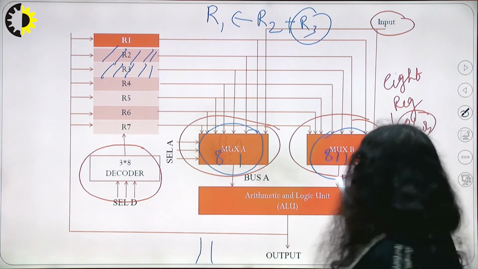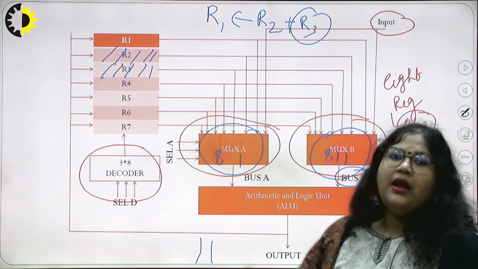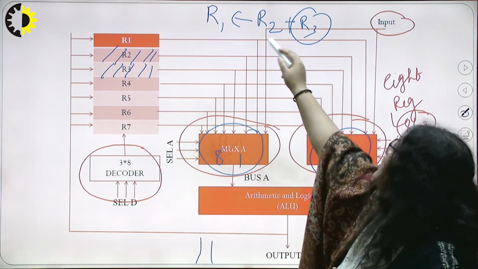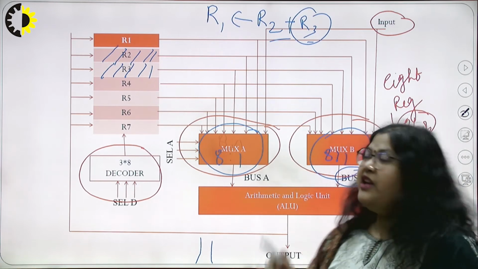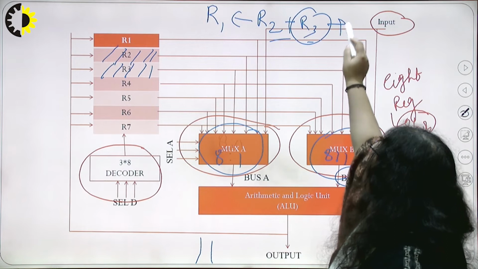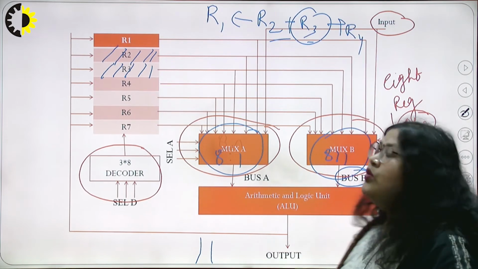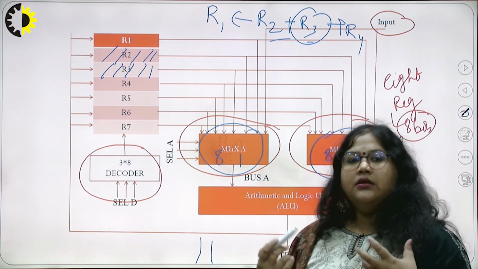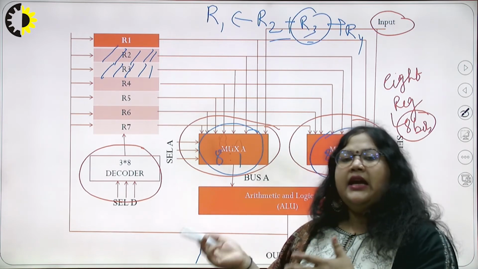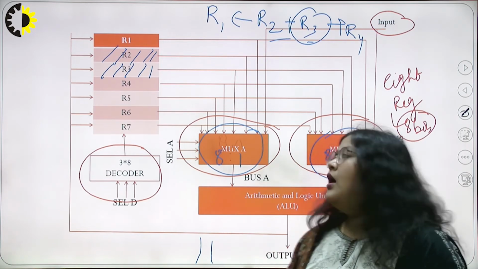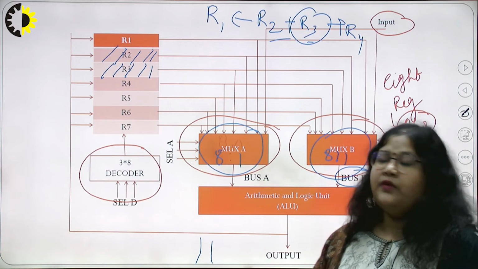So this is the configuration for bus A being selected by register R2, and the same construction applies to R3 for bus B. If there are two inputs, we use only two buses, bus A and bus B. If we have a third input, we use bus C in this case: A, B, C. So there are 8 muxes in this configuration. This is the general purpose register organization configuration.